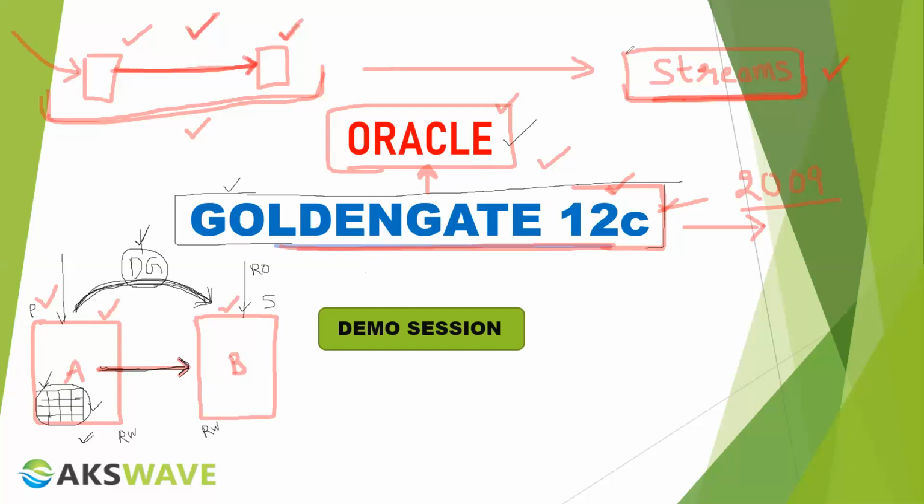Oracle Streams is still available, meaning customers who already started using Streams can still continue with it instead of moving to GoldenGate. They have their Streams version, but there have been no major enhancements or improvements after 10g.